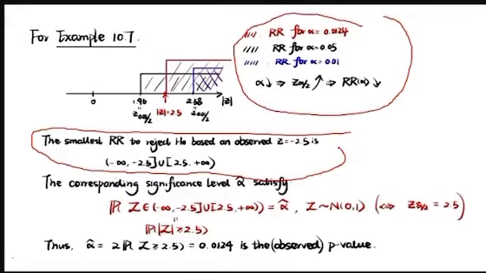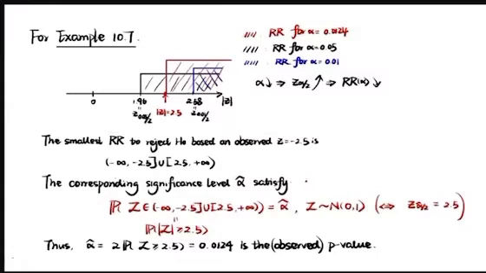Now for negative 2.5, and for a two-tailed test, mathematically speaking, it's going to go from negative infinity to negative 2.5, union, and then 2.5 to infinity. Union, in mathematics, right?